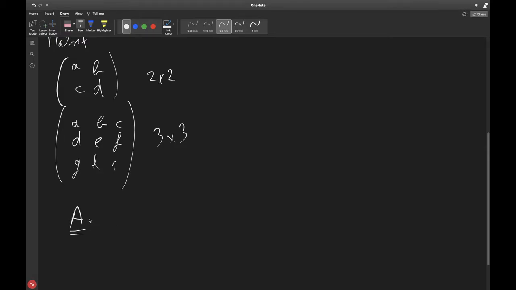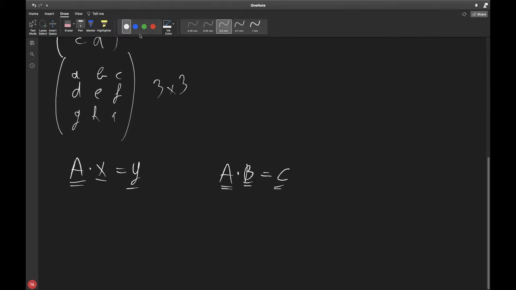If I act on a vector denoted like that, the matrix, I'm going to get a vector out of it. If I have a matrix called B and I multiply those together, I will get a matrix C out of it. So let's just go into a bit how we do these calculations.